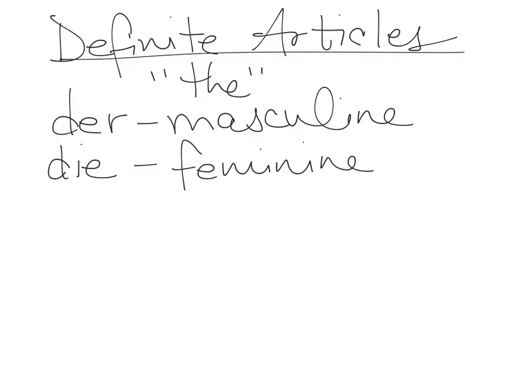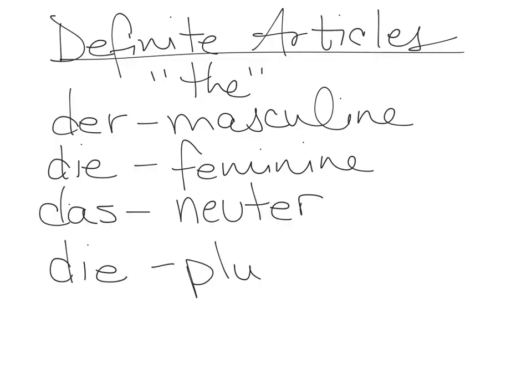Okay. So this one is plural. Okay. So whatever it was before, der, die, das, doesn't matter. When you make it plural, you change it to die. Okay. And again, they all mean the, and they can also mean that as well. Works for both.